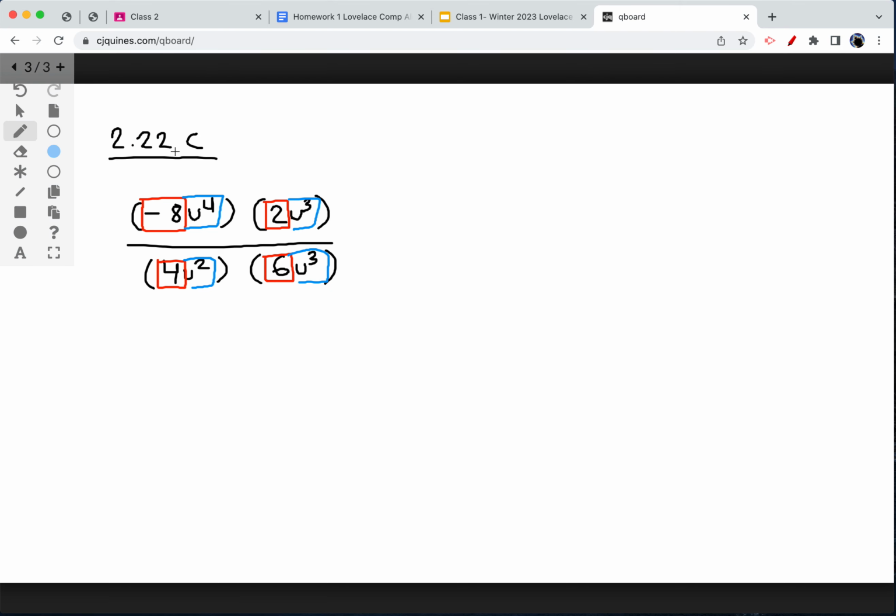Okay, so we know that when we're multiplying, we can basically just ignore the parentheses. So let's just do that. So this would be minus 8 times u to the power 4 times 2u cubed over 4 times u squared times 6u cubed.